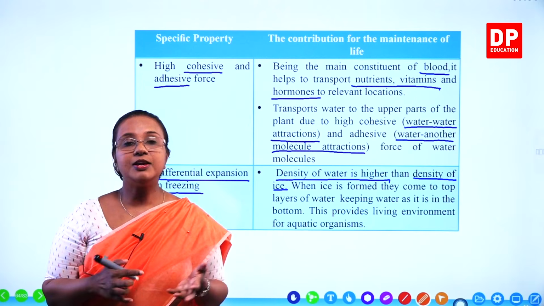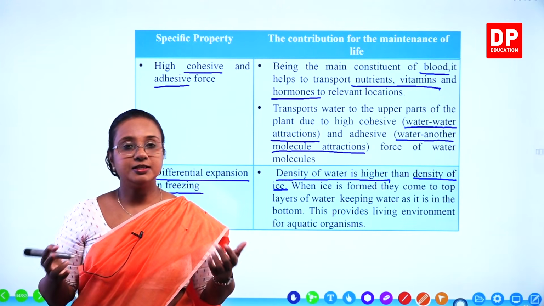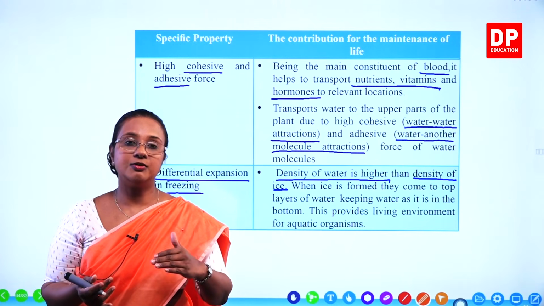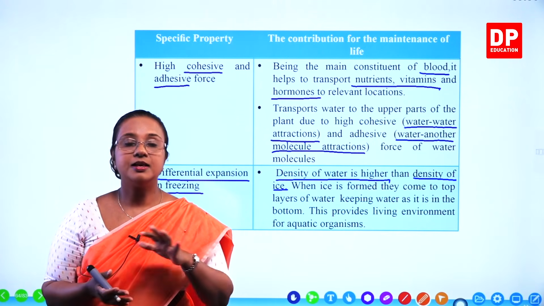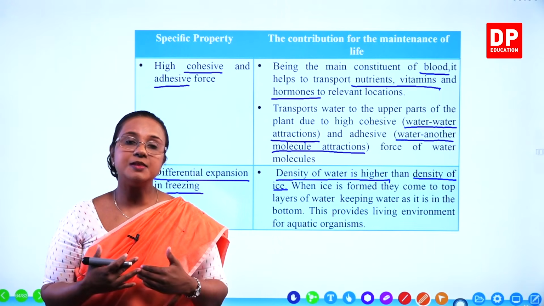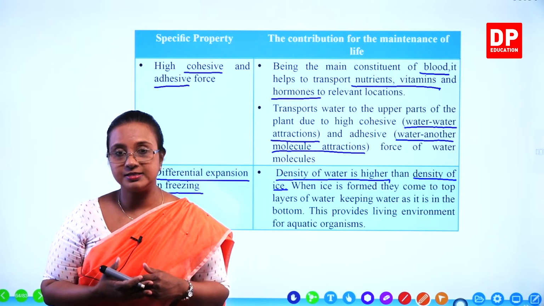And all the living organisms which were present in that water body, like the aquatic plants and animals, survive that particular cold season, being inside water. So, that helps in the existence of aquatic organisms.